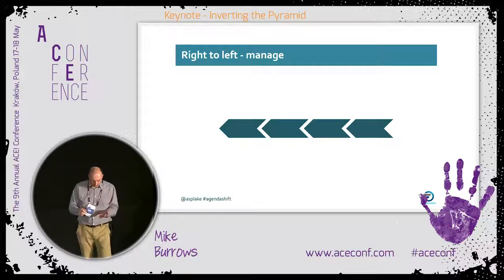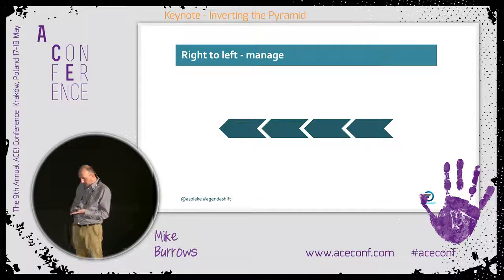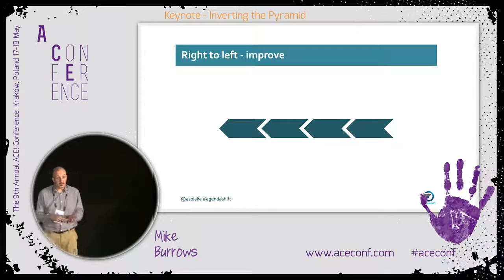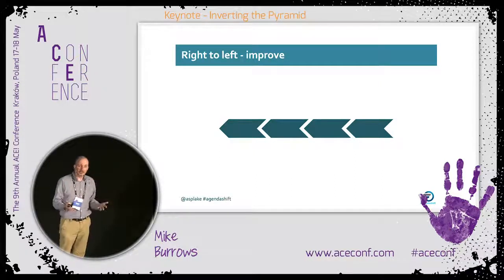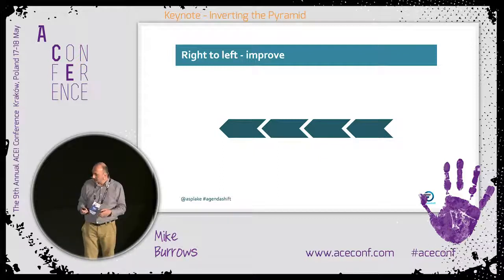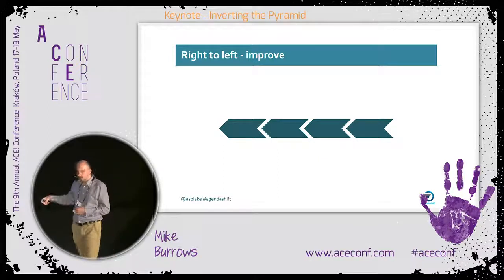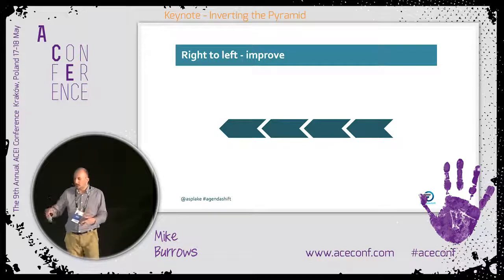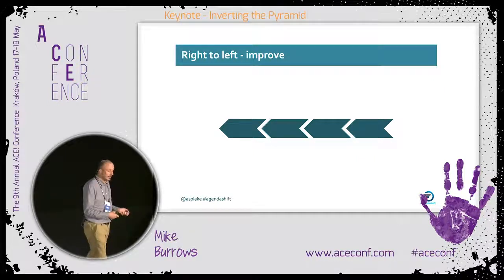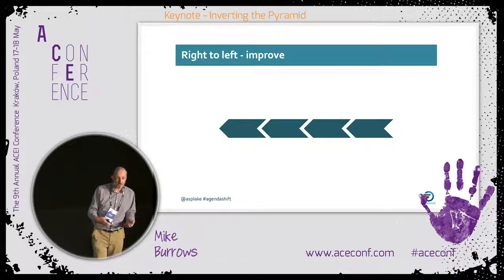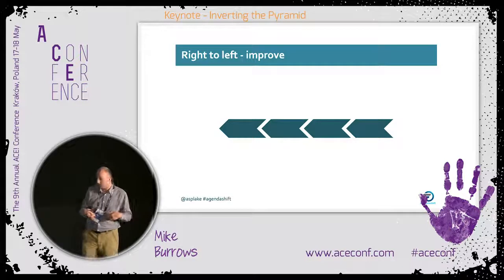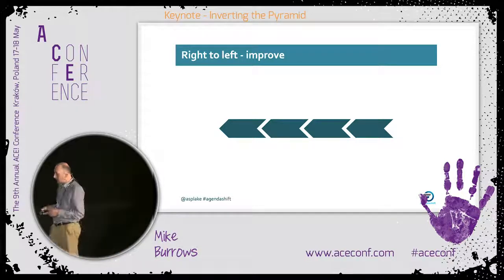So this is cool. The way we approach a process for the first time to understand it, the way we manage it, and the way we improve it, they're all the same, right to left. So do we have all the tools that we need to really understand how our customers use our products? Are we spending enough time with our customers to fully understand that? Are our systems well enough instrumented to deliver us all the intelligence that we would want, and so on?